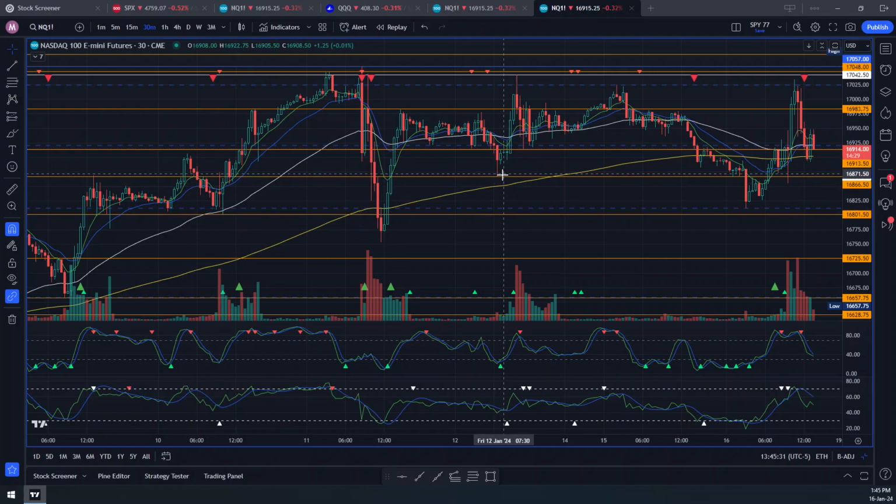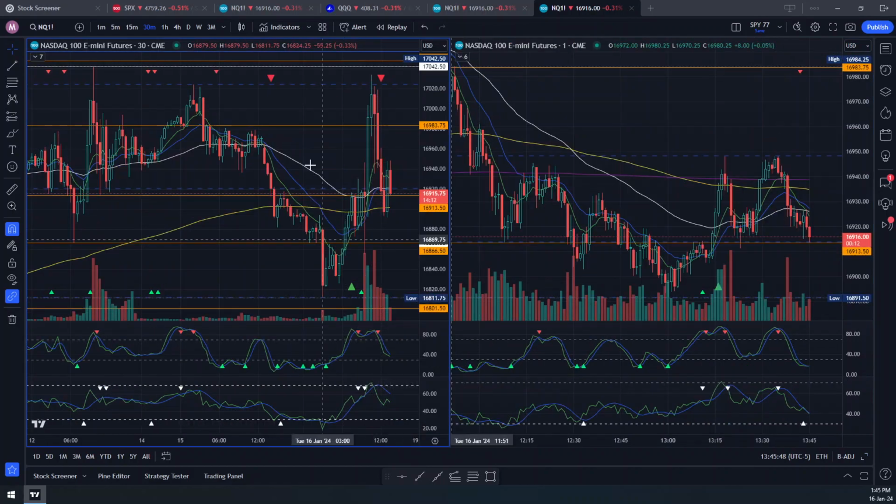This basically is coming from here. The 13, that is coming from here because we have multiple touches: 1, 2, 3, 4. These are support and resistance on the 30-minute chart. Because we are scalping here, we don't need to go to much bigger time frames.